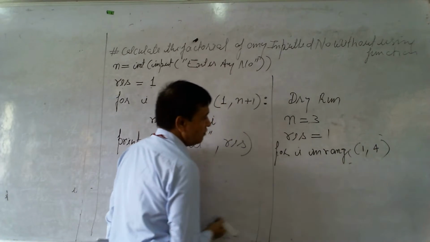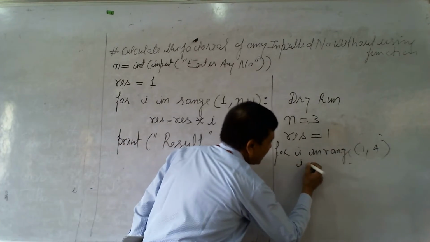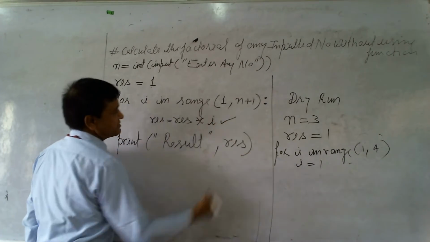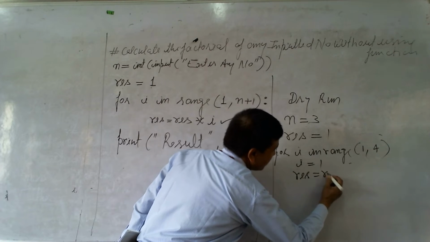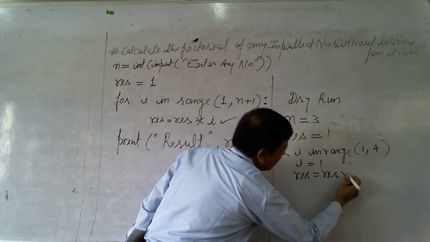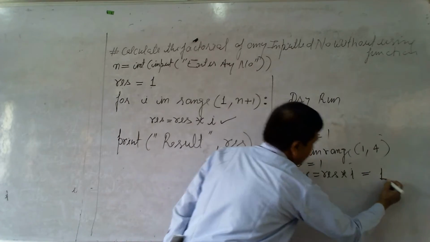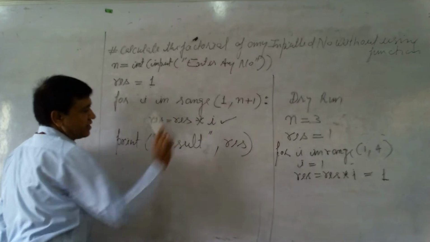So the first value of this for loop will be i equal to 1, and when this statement is executed, res equal to res into i, which is 1. Fine. Now this loop will be repeated again.